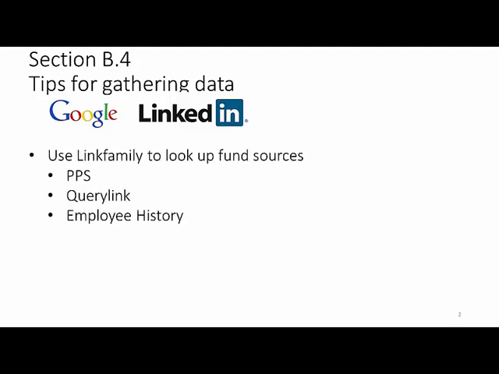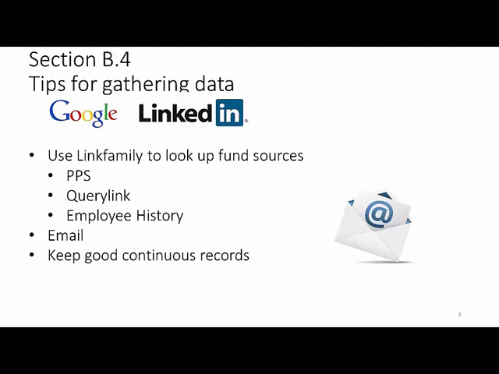We talked a little bit about the payroll system to look up fund sources, but like I said, it's not really reliable for pre-docs. You can find some post-doc information. If you have the email of that person, which you sometimes do, they may still have their eRA Commons account. You can get their email off there and try to email them for information.